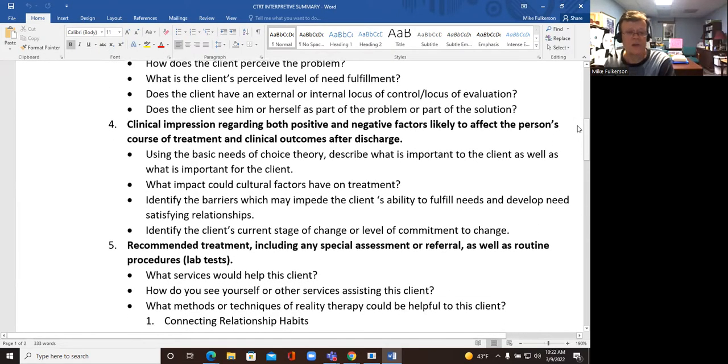And then the clinical impression regarding both positive and negative factors likely to affect the person's course of treatment and clinical outcomes after discharge. So using the basic needs of choice theory, describe what is most important to the client, as well as what is most important for the client.